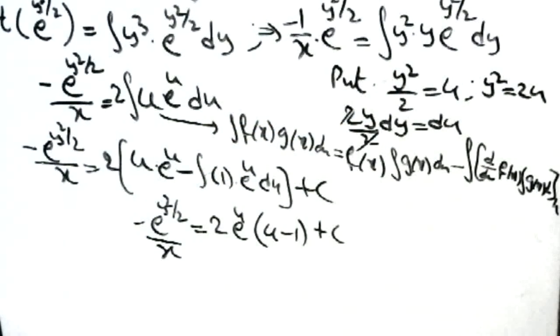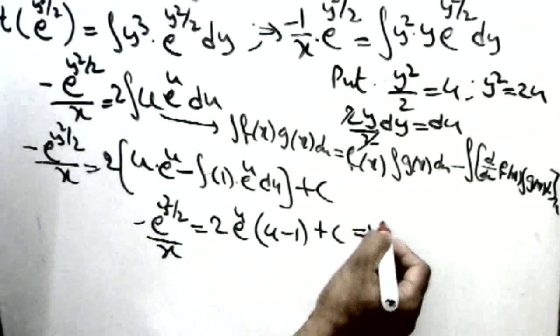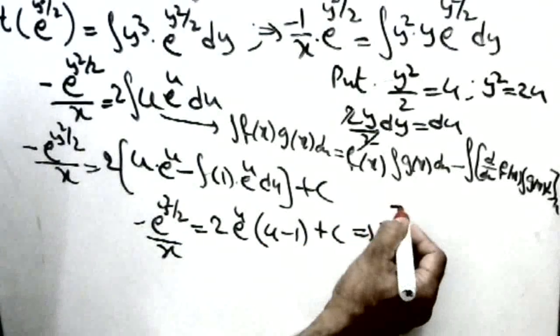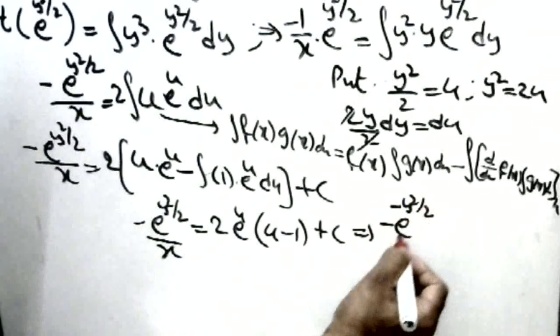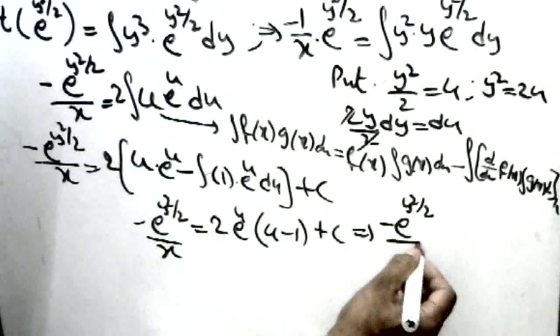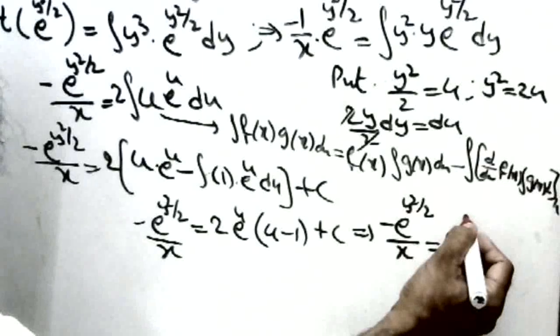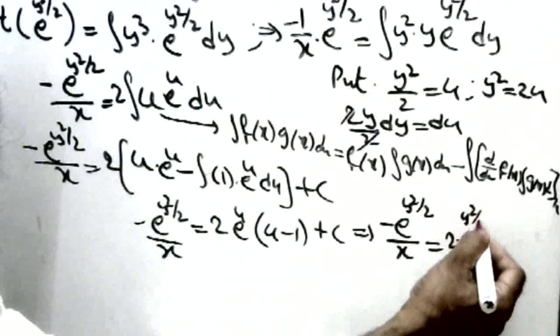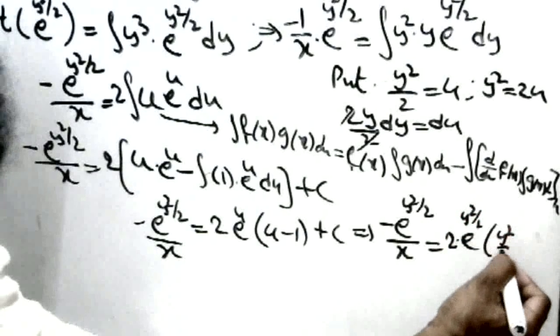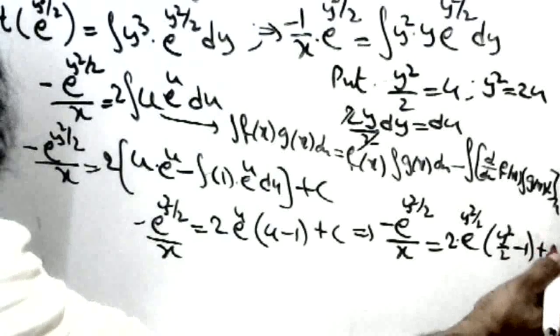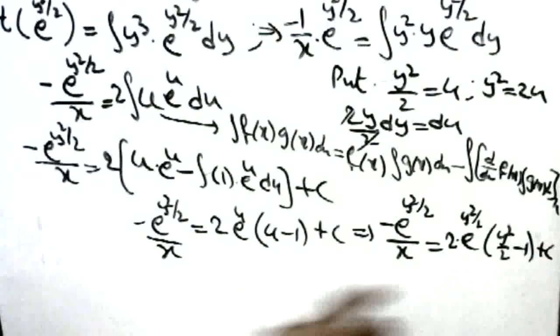We took u as y square by 2, so in place of u take y square by 2. It becomes e to the power of y square by 2 into y square by 2 minus 1, plus c.